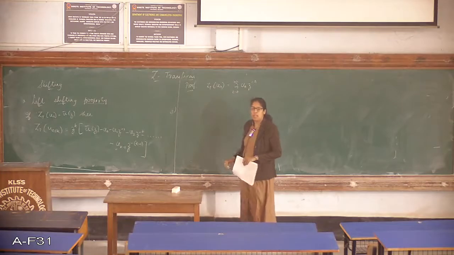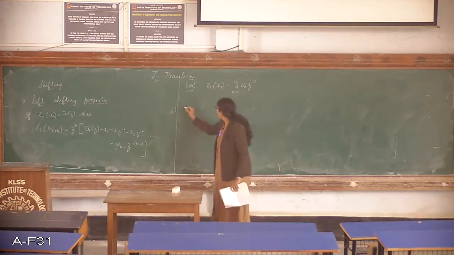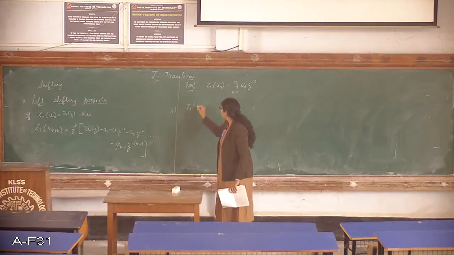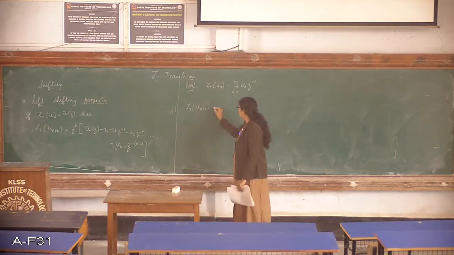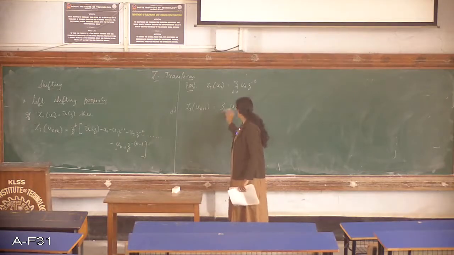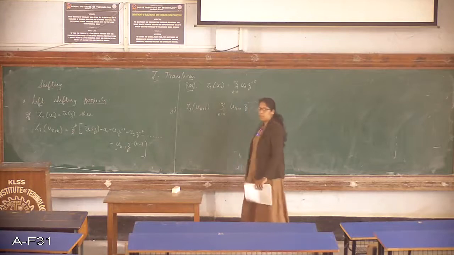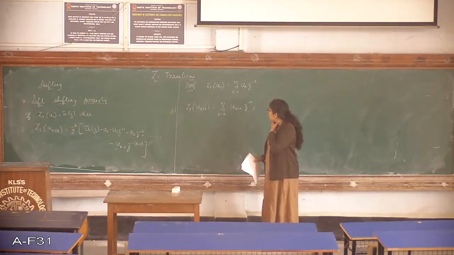This is the basic definition for the Z transform. And now let us start. What we want is the Z transform of u(n plus k). So this will be equal to the summation of u(n plus k) z raised to minus n, ranging from 0 to infinity. Now the next step, just make a note of this.